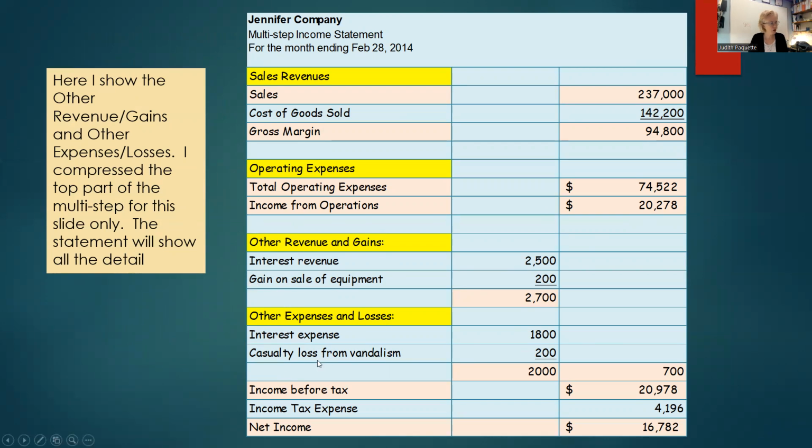And gains and losses, any type of gain and loss, are not operating expenses. So they go below the subtotal. You add the revenue and gains, you subtract the expenses and losses, you get a net of 700 because the gains were more and you're going to add it. So you got 20,278 and 20,978.